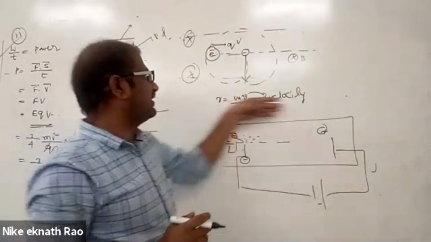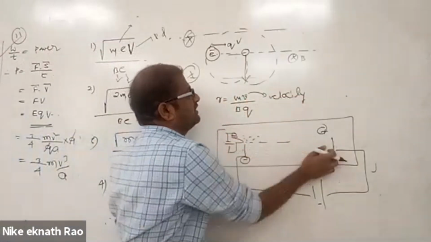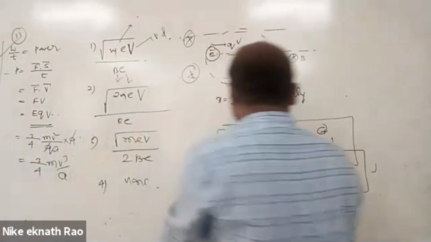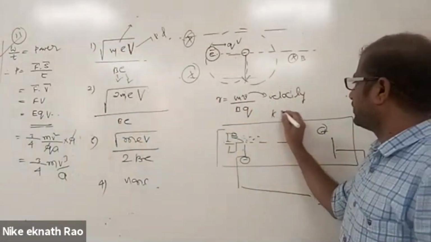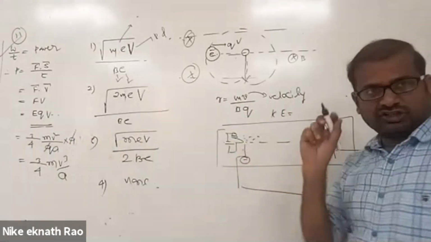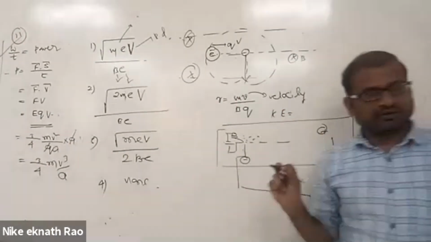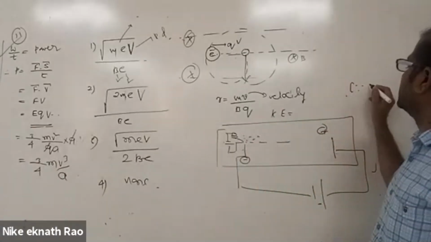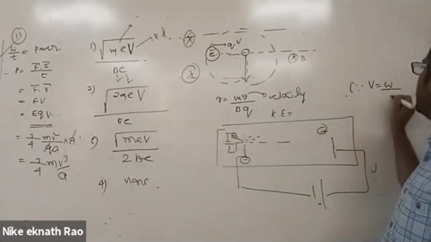The kinetic energy of the electrons, or the work done by this electric field changing kinetic energy, by the work energy theorem. So what can you write from here? The kinetic energy gained by the electrons is equal to the work done by the electric field. V is equal to W by Q, so W is V into Q. The potential is work done per unit charge.